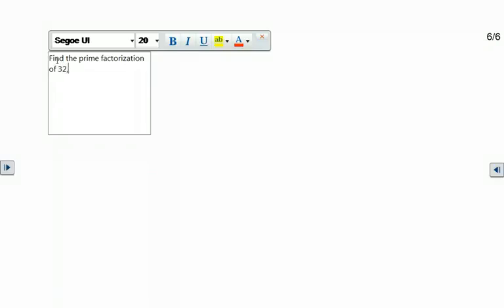And then after you do 32, I want you to do 81. And then after 81, I want you to do 136. Find the prime factorization of those three numbers. Just separately. Don't do them together. That might cause a problem.